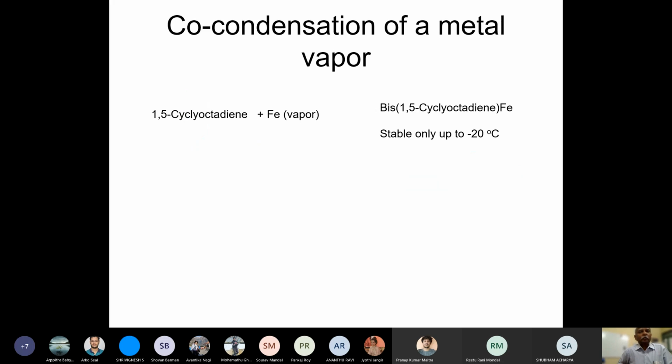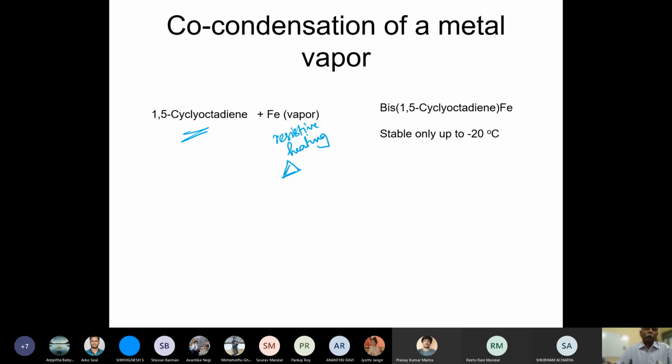So let me just proceed quickly to co-condensation. Iron vapor can be generated by resistive heating, so that's a lot of energy. And 1,5-cyclooctadiene as a ligand will form the complex that I showed you in the previous slide.